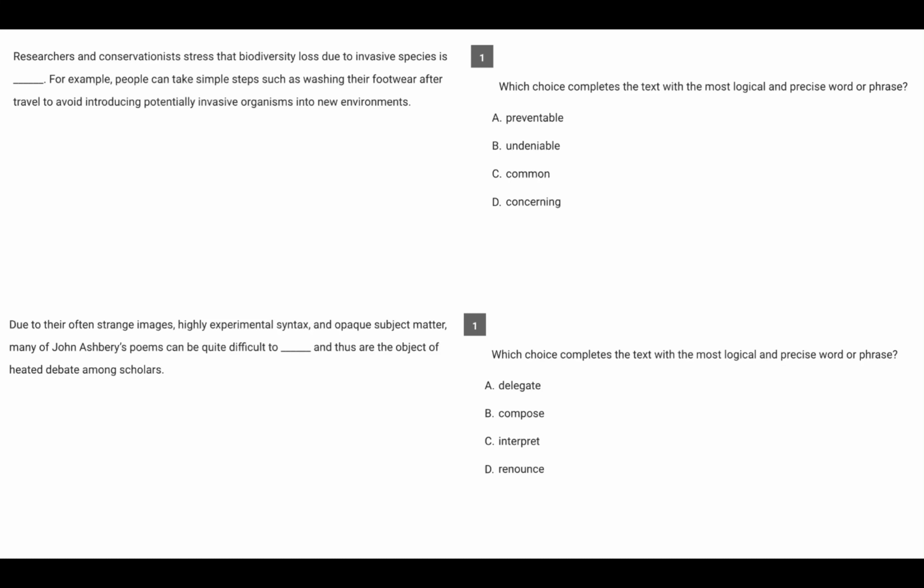Another quick tip that I will give, it's not a huge tip, but it's a quick one. A lot of people overcomplicate the questions. Usually, the first answer that comes to your mind is the correct one.